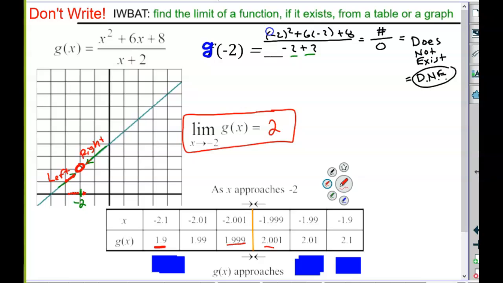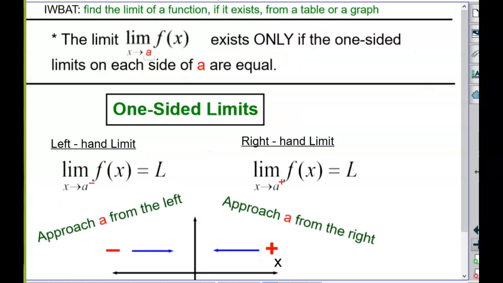You see that's where the outputs are headed. I'm going to get closer and closer to 2, but will I ever actually reach 2? No, I can't, because the output of 2 is undefined because there's a hole in the graph. So, here's the part I would like you to write down. I'm not going to write every single thing on this slide.